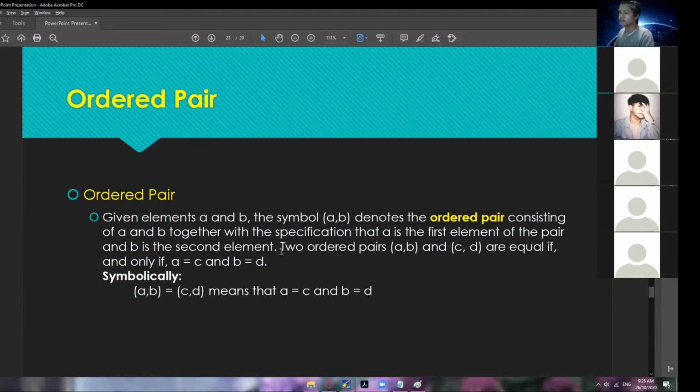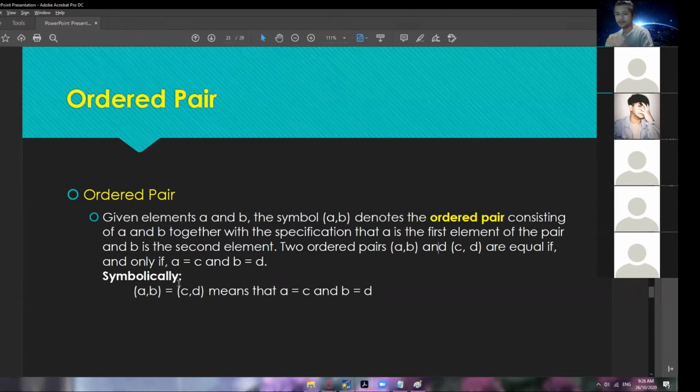So we have here two ordered pairs, (A, B) and (C, D). We could see that (A, B) is equal to (C, D) if and only if A is equal to C and B is equal to D. Meaning the value of A is equal to C and the value of B is equal to D. First to first and second to second.